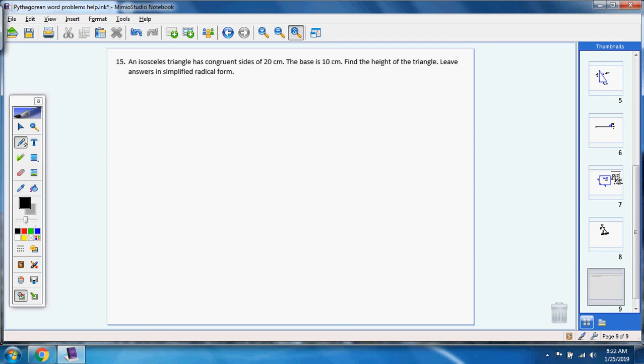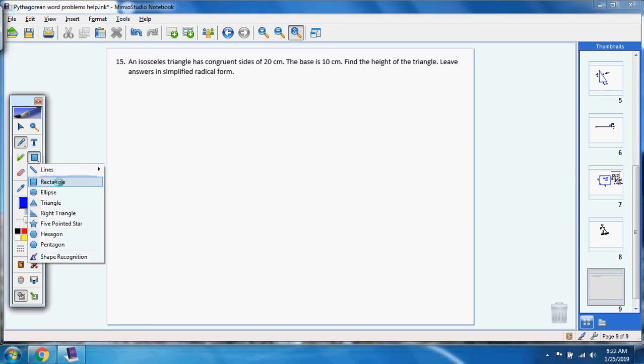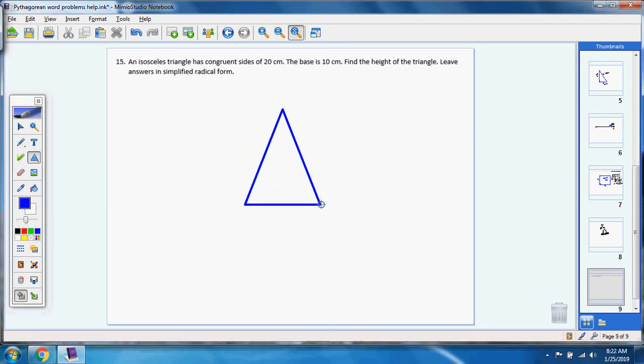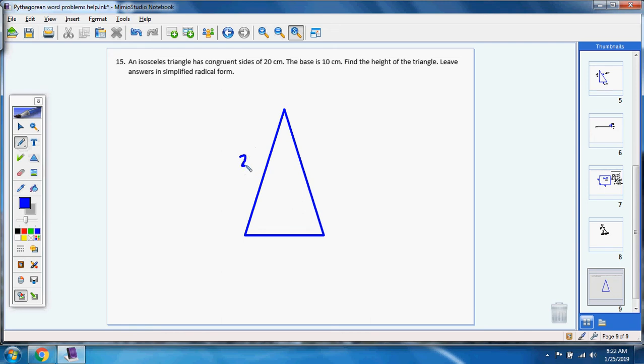So, take your straight edge, please. I'm going to try and sketch it the best that I can. You are going to try and show something like this, where your isosceles triangle has two numbers the same, and it says the base is 10.